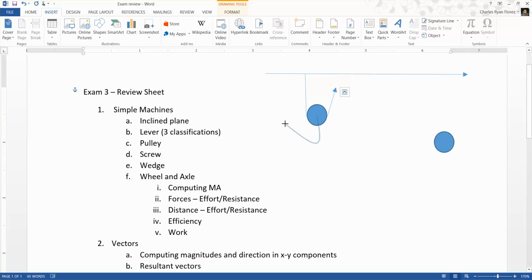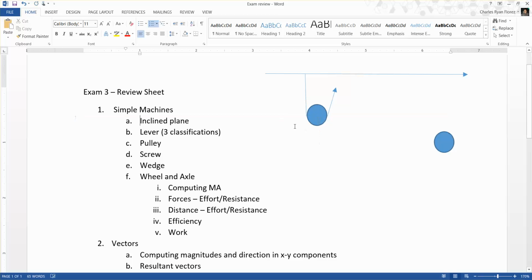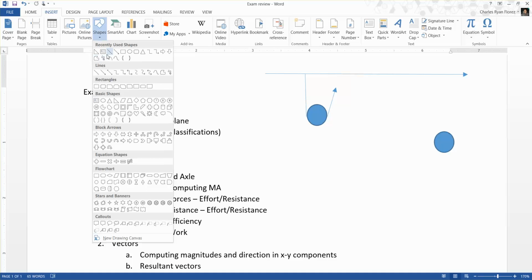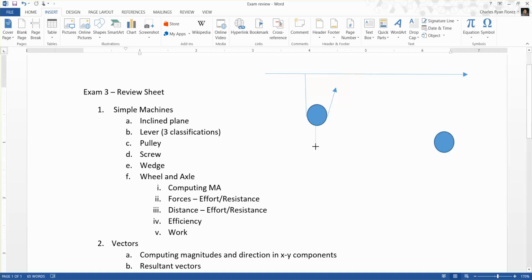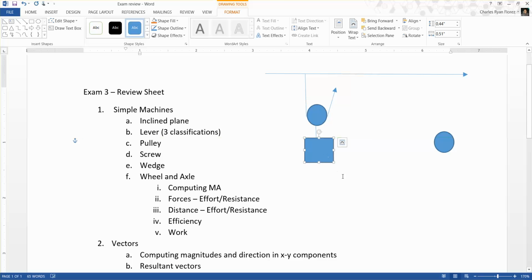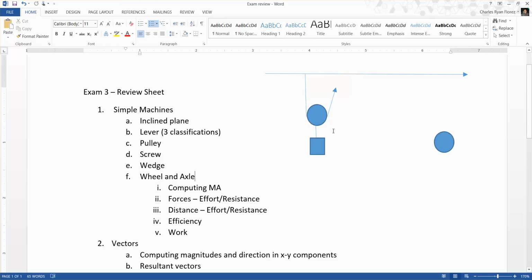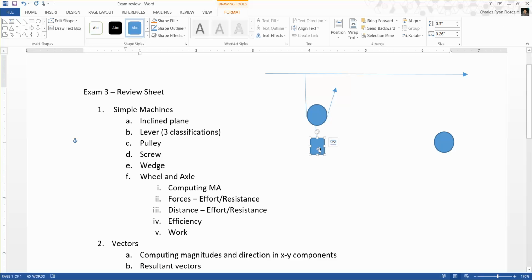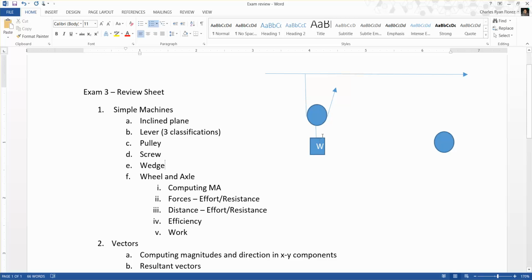And the weight is here. So let's say this is a weight of W. W is distributed by these two strings here, or rope, whatever you want.